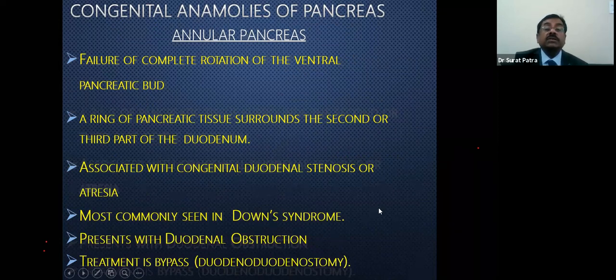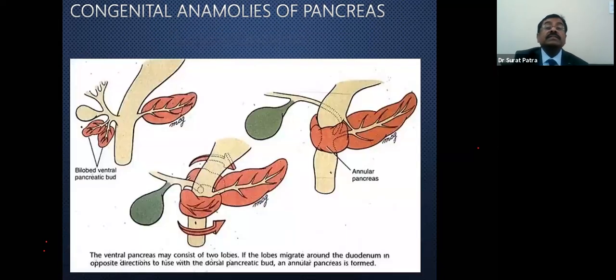This is associated with congenital duodenal stenosis or atresia, most commonly seen in Down syndrome, presents with duodenal obstruction, and as you know, the treatment is bypass, duodenoduodenostomy. Well, this is the picture which shows how the annular pancreas occurs.